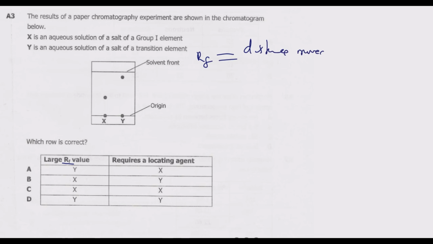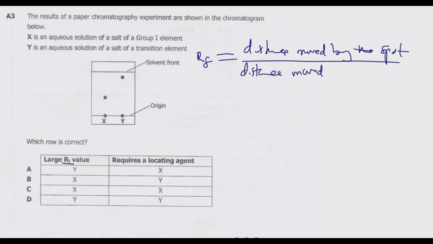moved by the spot, you divide it by the distance moved by the solvent. So this ratio is what is known as a retention factor. Now the distance moved by the solvent is from here to here, because the solvent will be here, then this will be the starting line.